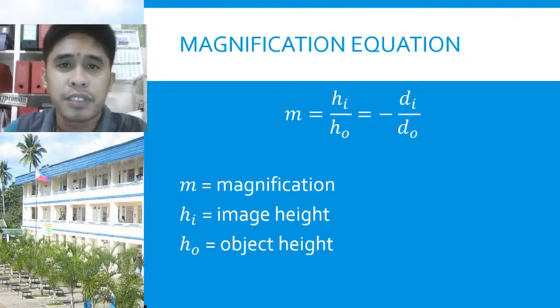The magnification equation is very useful to determine the size of the image formed by the mirror or lens and its orientation, if it is an inverted image or upright image.